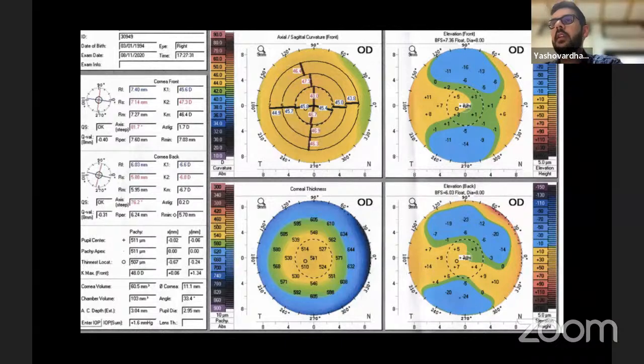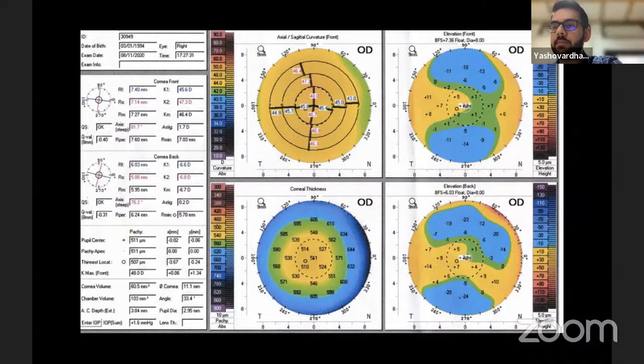For elevation, basically we are comparing the front surface with the regular surface, which we consider normal, and trying to see how much it differs. In your mind, center is elevated, periphery is depressed.